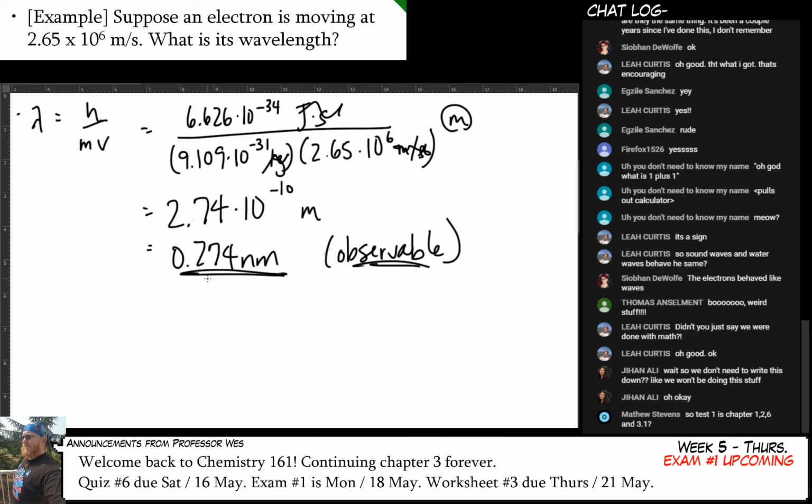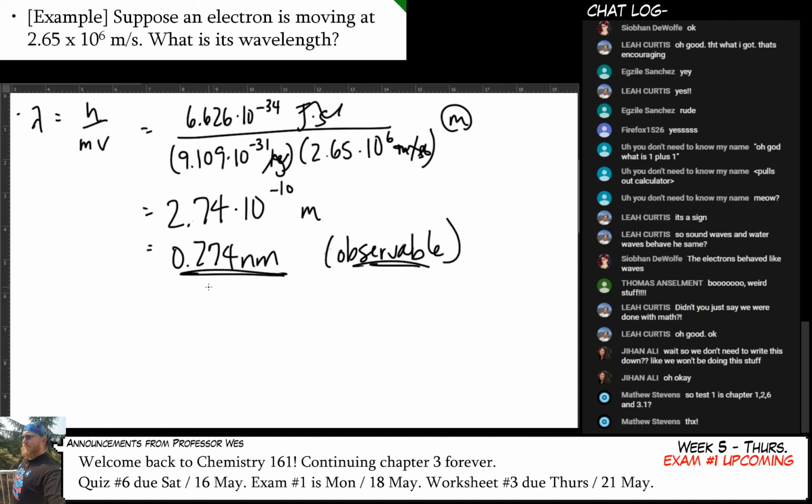So this is a value that we could observe because 0.2 nanometers is a photon that is not that much smaller than the photons that we've been using so far. Now, it's smaller by a factor of 1,000, but that would be like an X-ray or something. So this is something that exists.